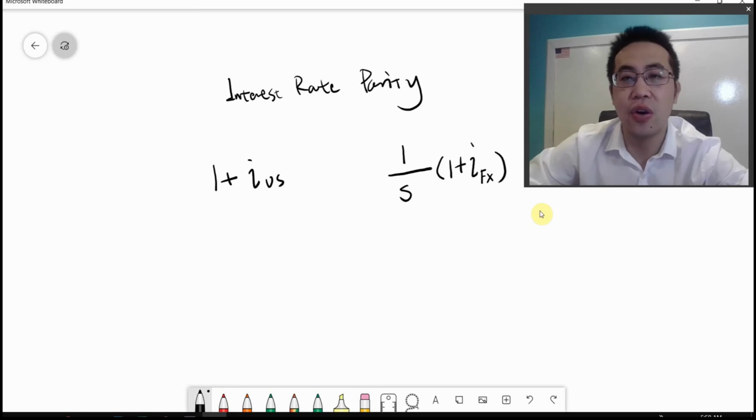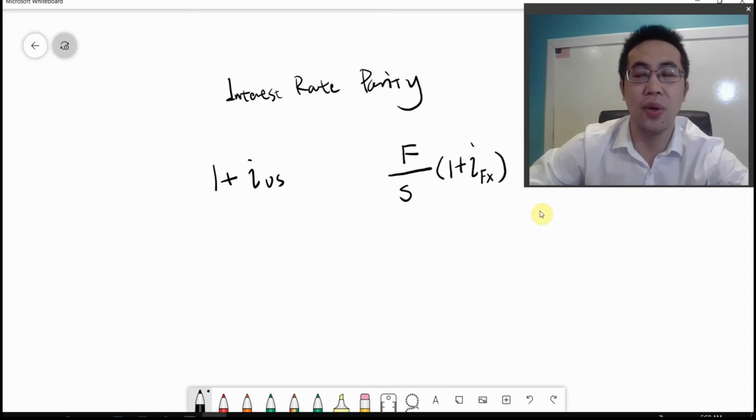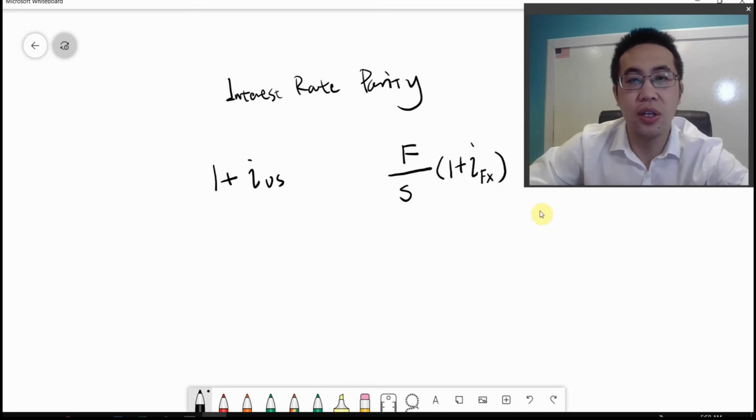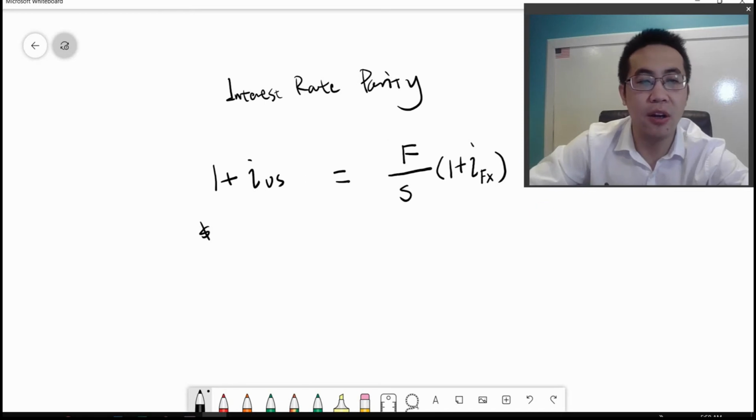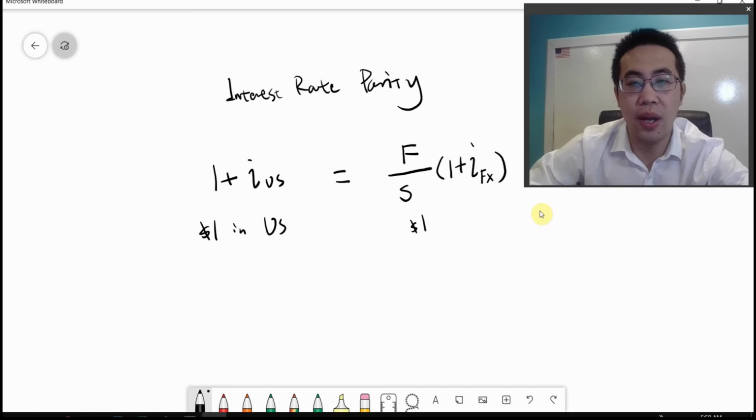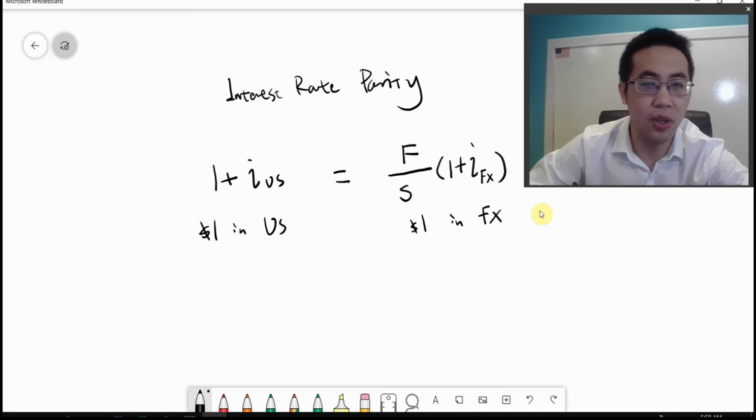Eventually, you convert back your foreign principal and proceeds based on the forward rate, which occurs in the future. In the parity relationship, both sides are equal. So $1 in the US would be equivalent to $1 in the foreign country, and in that case there are no capital flows from the US to the foreign country or from the foreign country to the US.